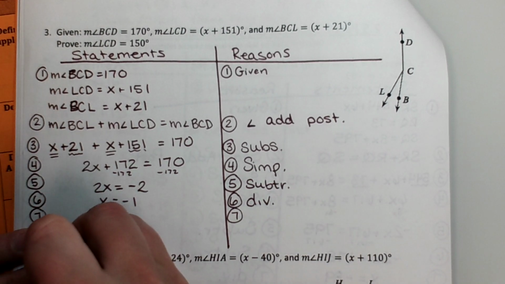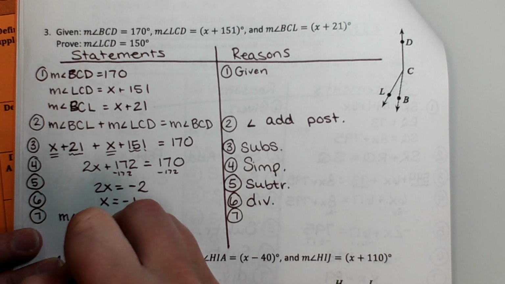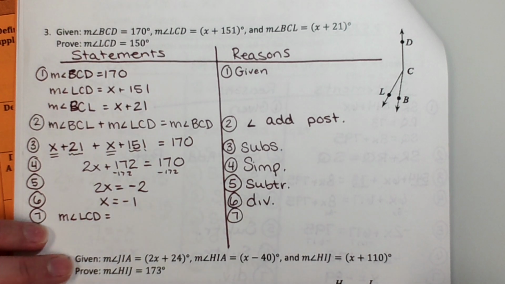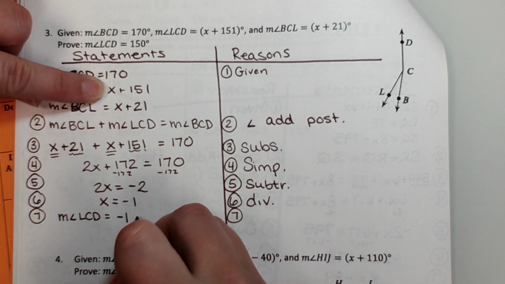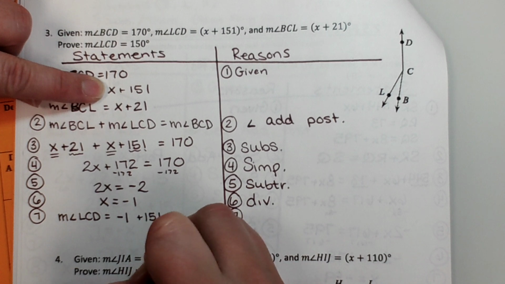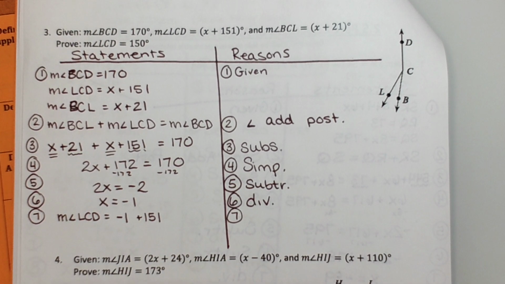So when I plug back in, I must write out measure of angle LCD equal to, it was x, I'm going to replace that with negative 1 plus 151.